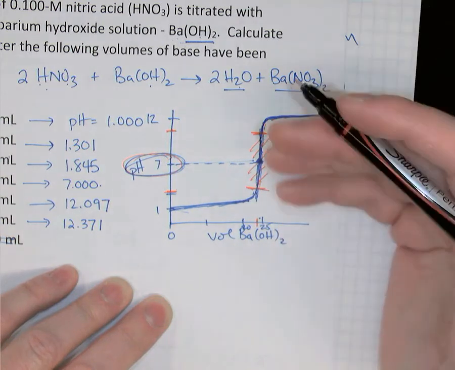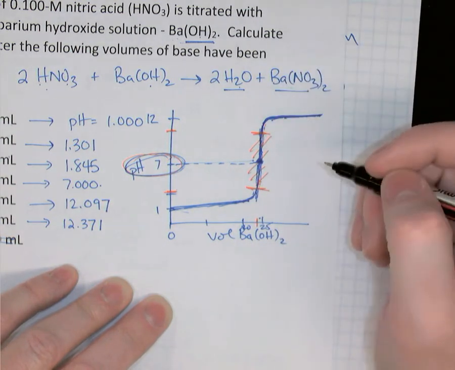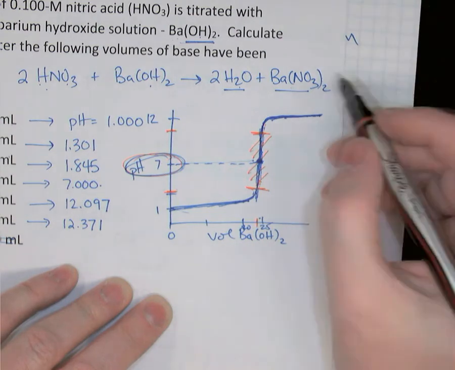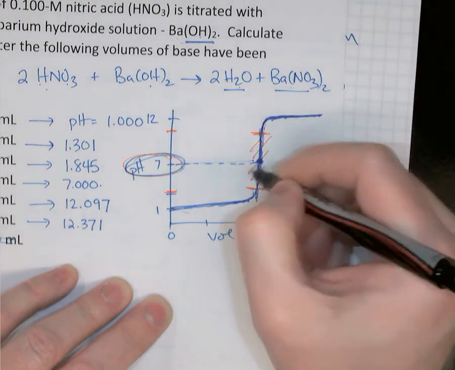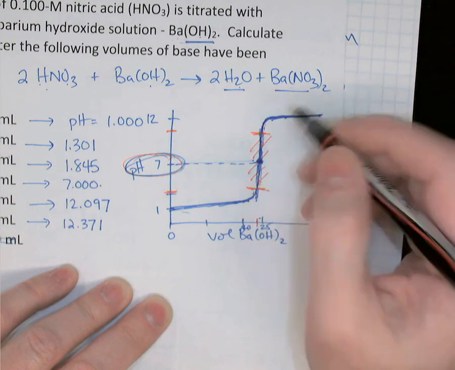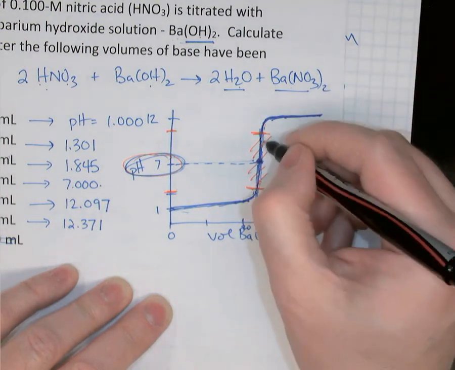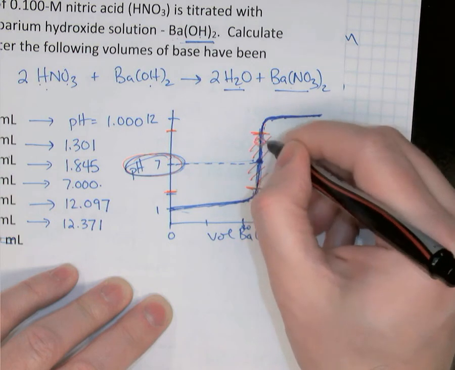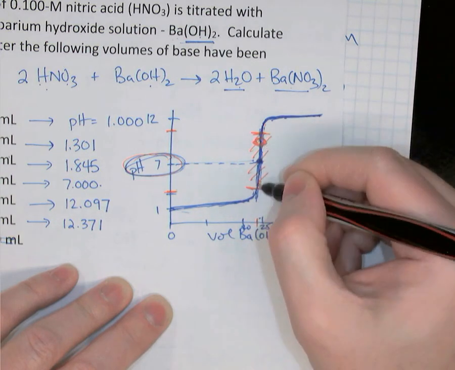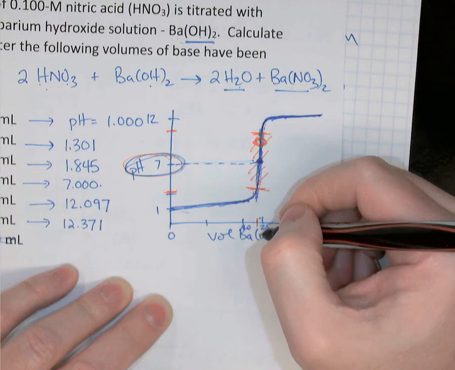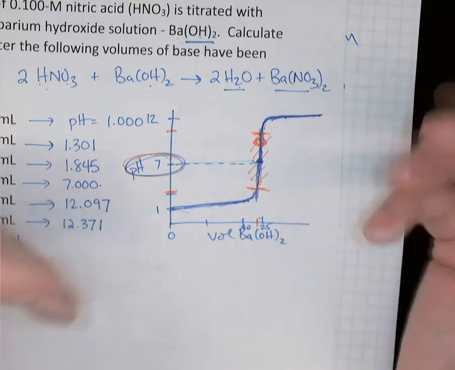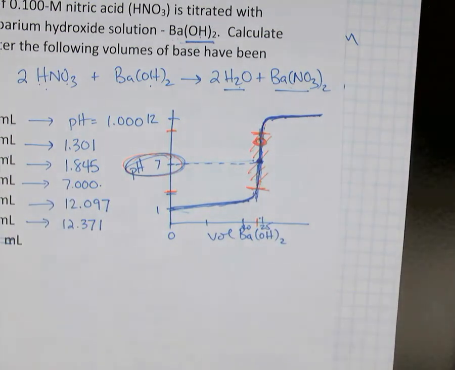So for example, in our lab, we would probably use phenolphthalein as an indicator, which changes color not at pH 7, but at around pH 8.5 to 9. Although that's higher than the equivalence point pH, that pH would represent almost no difference in the volume of base added. So phenolphthalein would still be a good indicator for that titration.